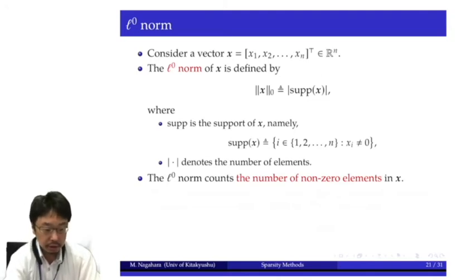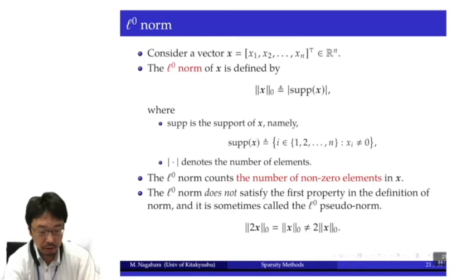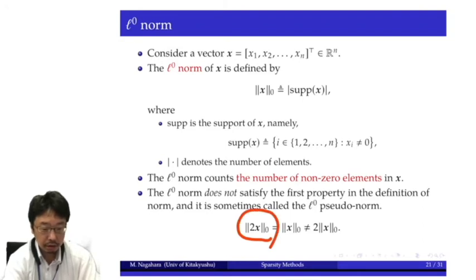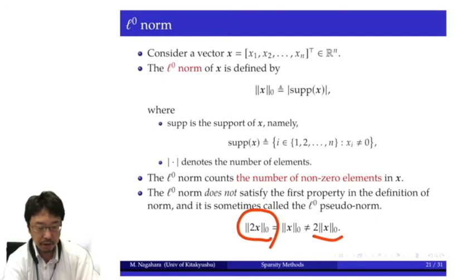Note that the L0 norm does not satisfy the first property in the definition of the norm, that is, the L0 norm of 2x is not equal to 2 times the L0 norm of x. Hence, this is sometimes called the L0 pseudo-norm.